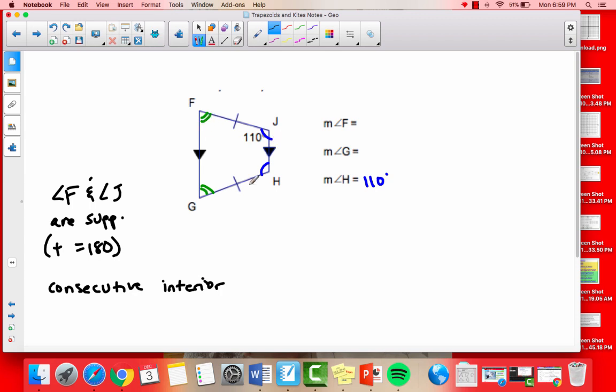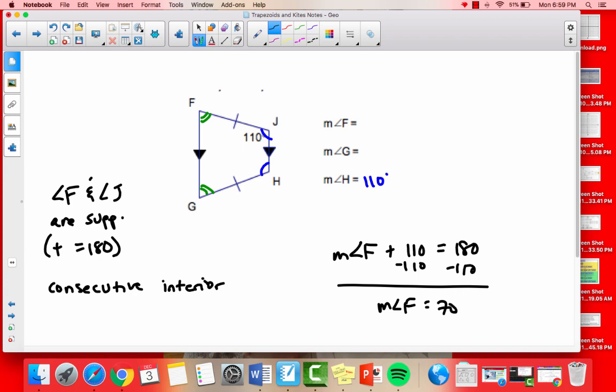So angle F and angle J, same side interior, which means they're still supplementary. So we can set up an equation. We could say the measure of angle F plus 110 has to equal 180. And then we can subtract 110 from both sides, and we find that the measure of angle F is equal to 70 degrees. So there's the measure of angle F.